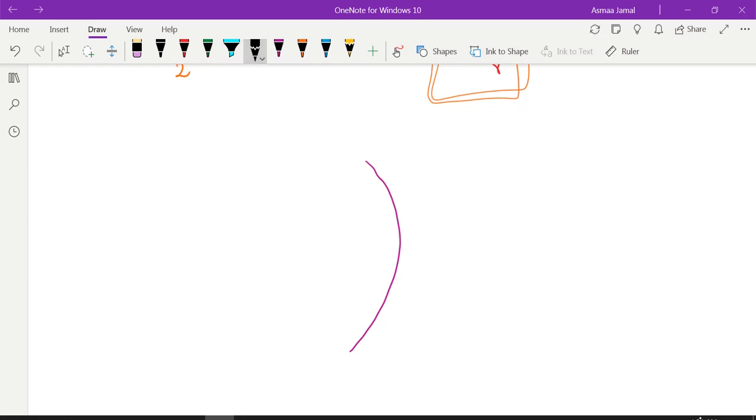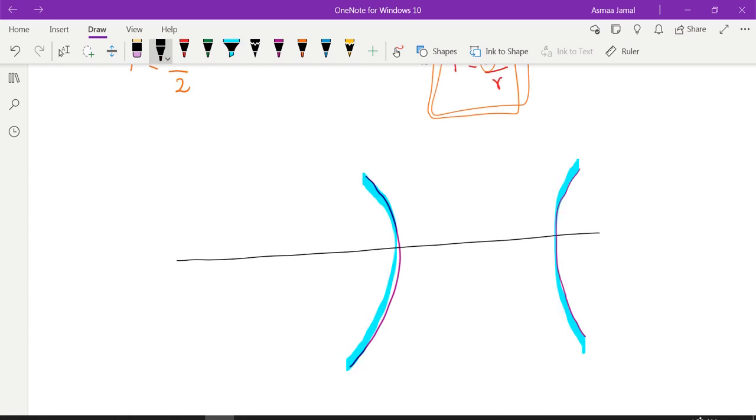This is the mirror, and this is the optical axis or the principal axis. This is the convex, and this is the concave. Since the concave collects the light at the focus, that means the concave mirror is a convergent mirror, which means it has positive power.